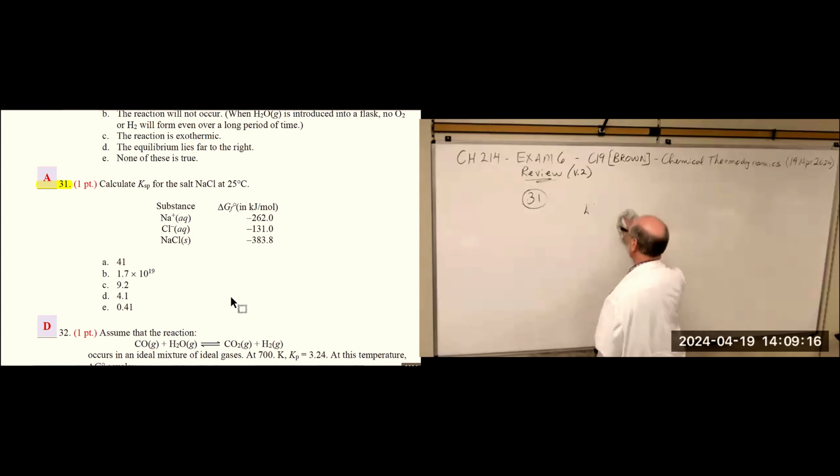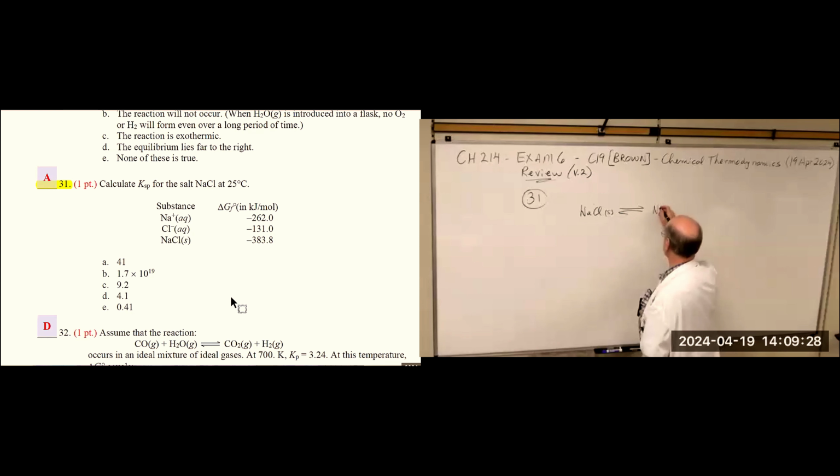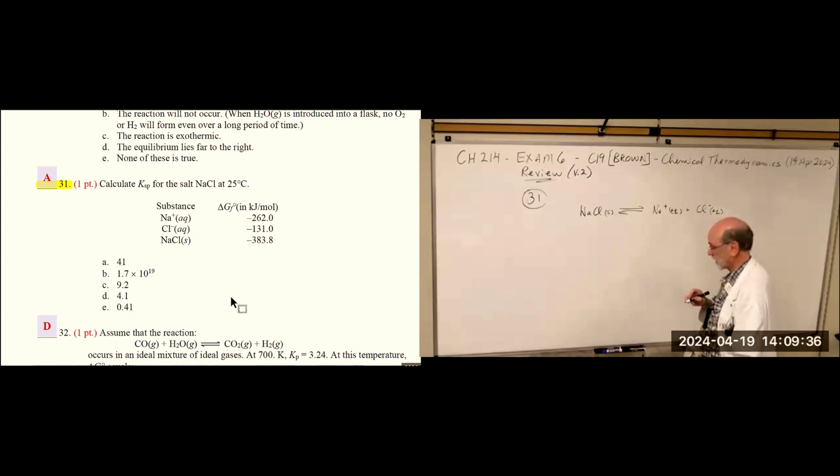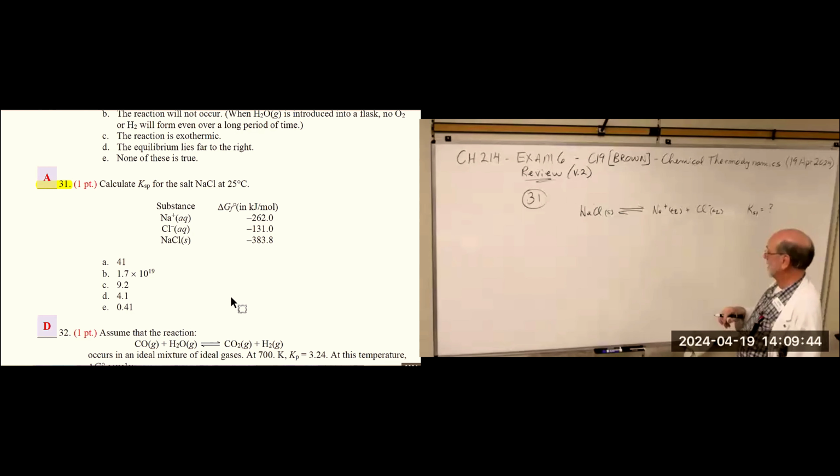Solubility product. So we have sodium chloride, solid, goes into solution as sodium aqueous and chloride aqueous. And we want to find out what the Ksp is. What's the solubility product?